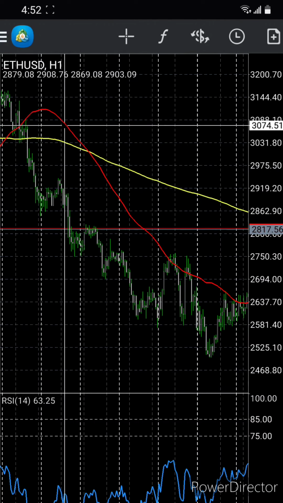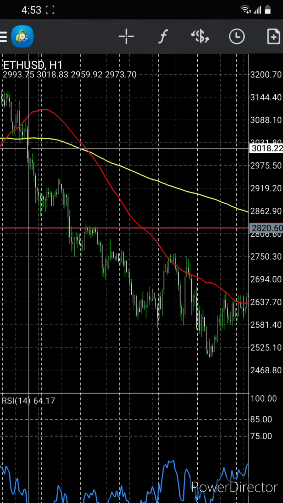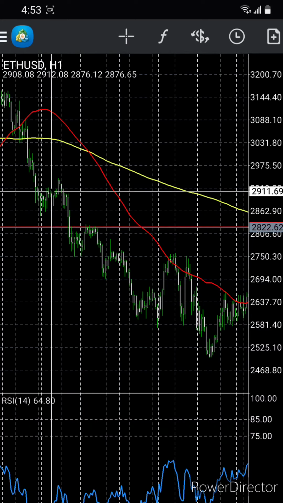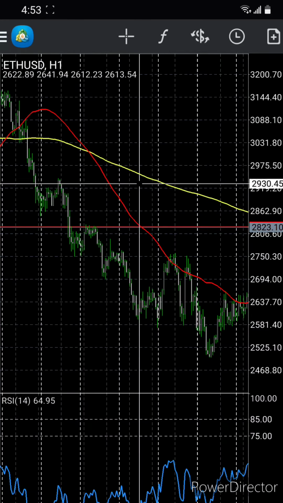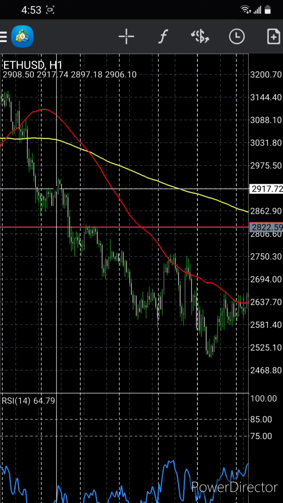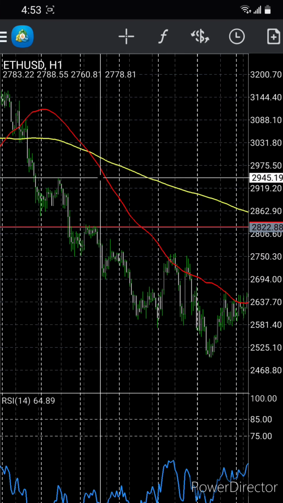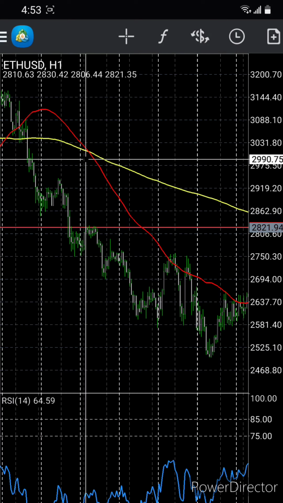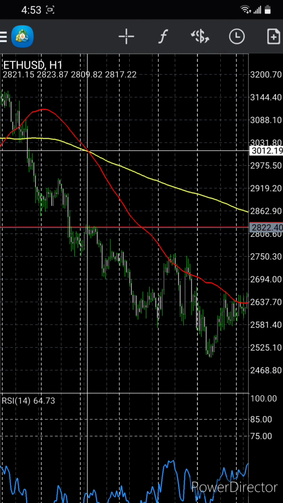The red was far away, but the further it dropped, the further away from the yellow line it got. The further it dropped, the more the red line came back to the candlesticks. The MA lines are, in my opinion, the strongest indicators because the candlesticks will always come back to them because the market always retraces itself.